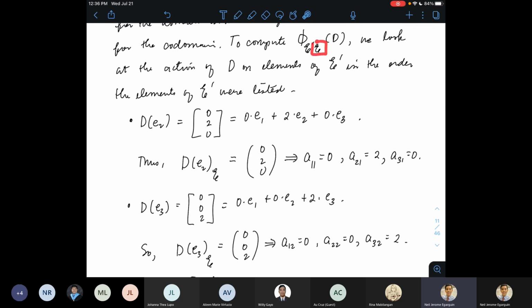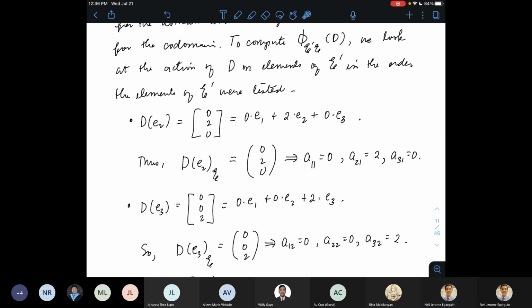Note that I chose the canonical basis in the right order to be the basis for the codomain. So kailangan kong i-expand this 0 2 0 with respect to the basis ng codomain. Okay? So, but 0 2 0 can be written as 0E1, 2E2, and 0E3.